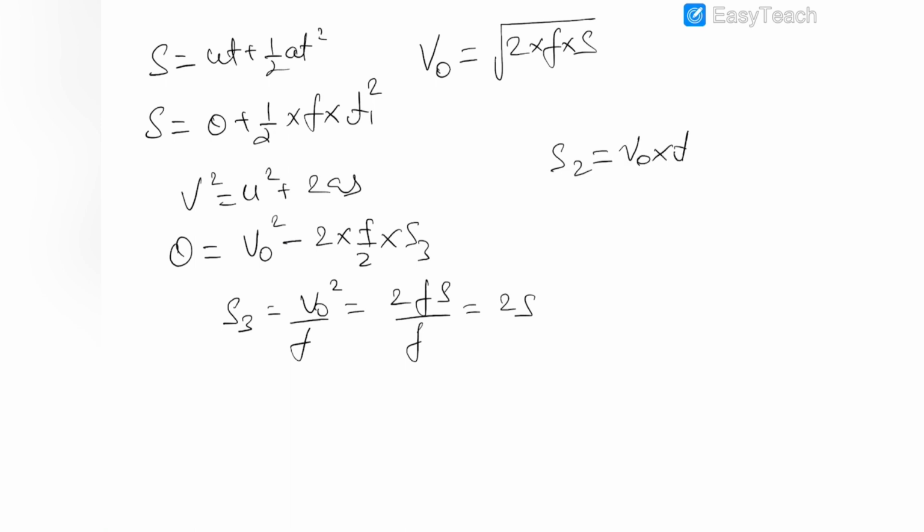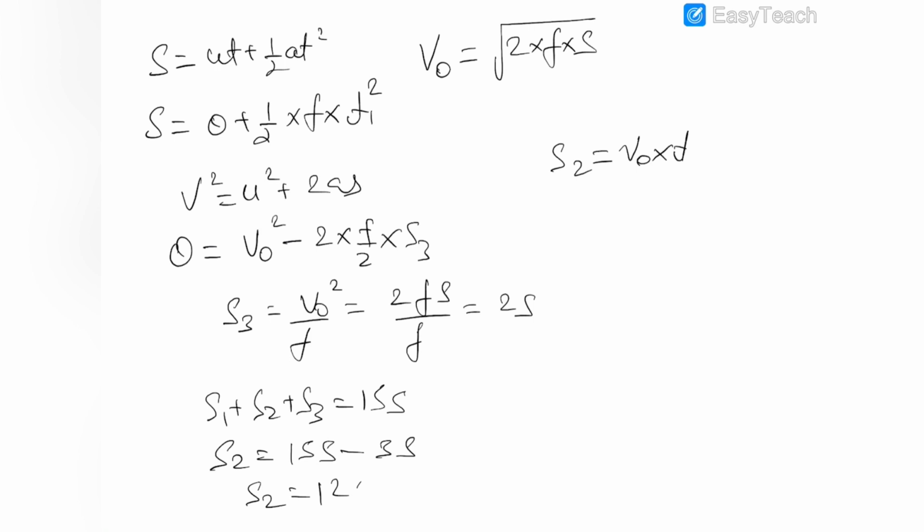And the remaining distance is traveled with velocity v0, and this s2 is equal to v0 into t. Okay. Now you can see that total distance s1 plus s2 plus s3 is 15s. So s2 is equal to 15s minus 3s, where s was the distance s1 and s3 was equal to 2s. So total s1 plus s3 is 3s. So s2 is 12s.